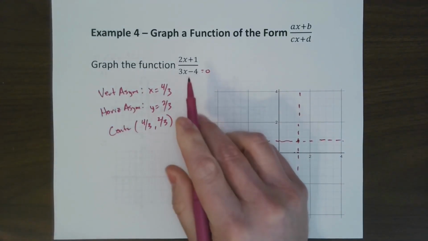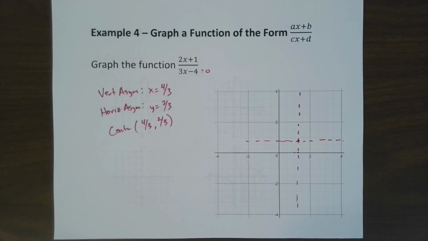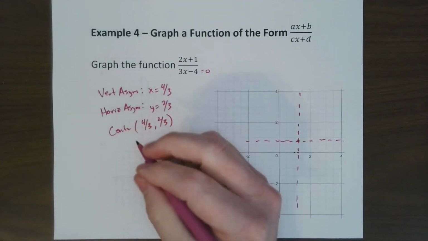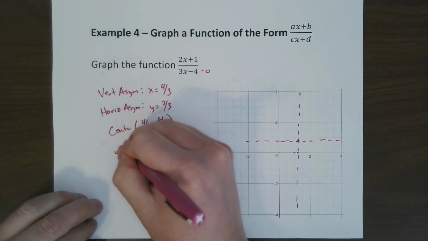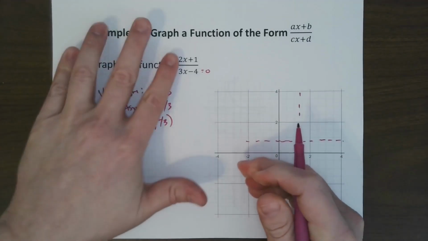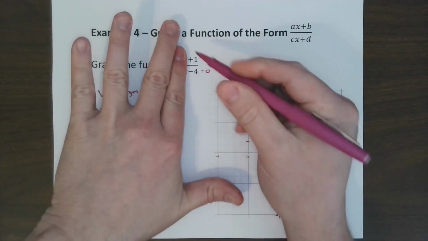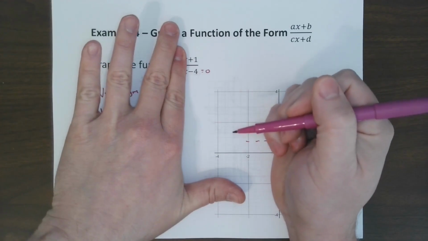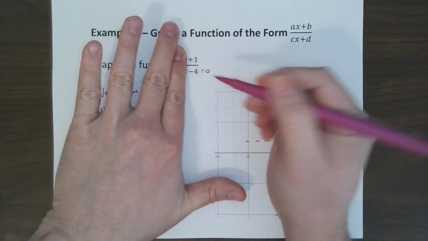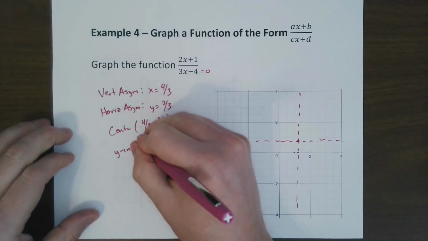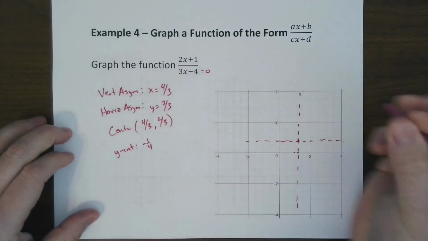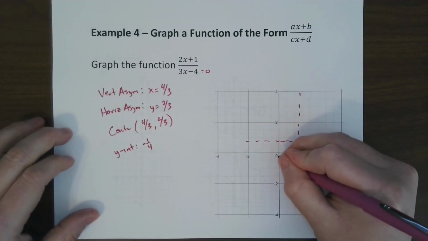Now we cannot determine from this whether it's positive or negative, so we have to use a test point. My favorite test point to use is the y-intercept. The y-intercept is when x equals 0. In other words, you literally just cancel out the x's, and whatever constants are left is your y-intercept. So 1 over -4. My y-intercept is -1/4, which is right here.